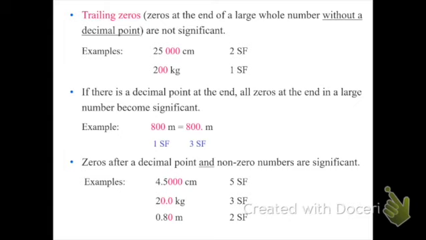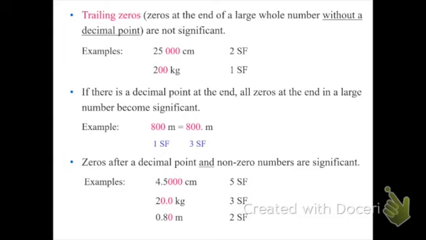So the next one is going to be called trailing zeros. These trailing zeros are the large whole numbers that have no decimal point, and they just are at the end of the number. Those numbers do not count. They're actually called ambiguous. So for example, 25,000 has only 2 significant figures.